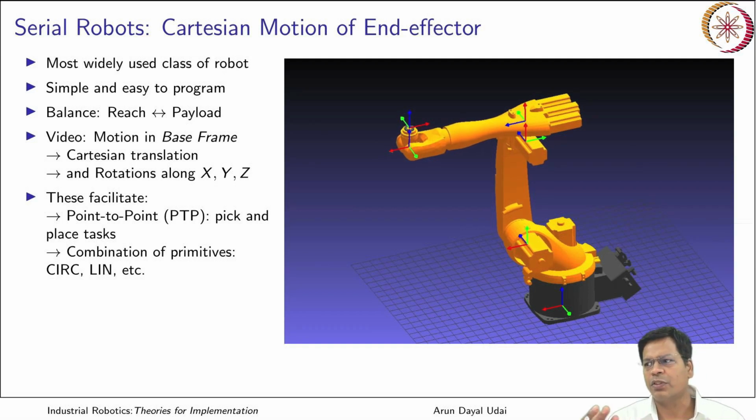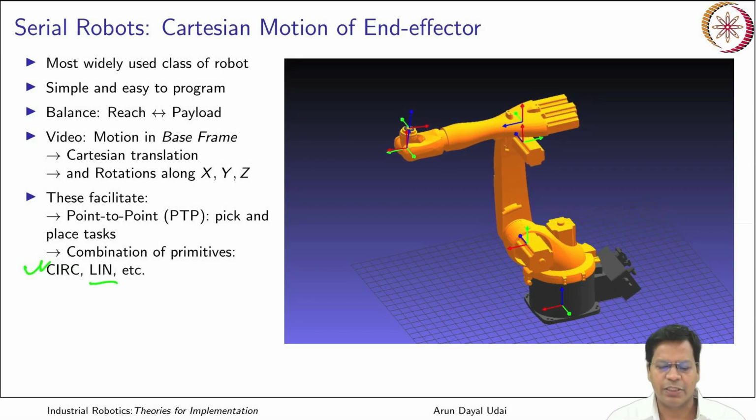That is an easy way to define a circle also. So there are various ways you can make your robot go in a circular way. Your end effector will go in a circular trajectory, and similarly a line in space can be defined by any 2 points in space. Those are a few standard motions that this kind of robot supports.